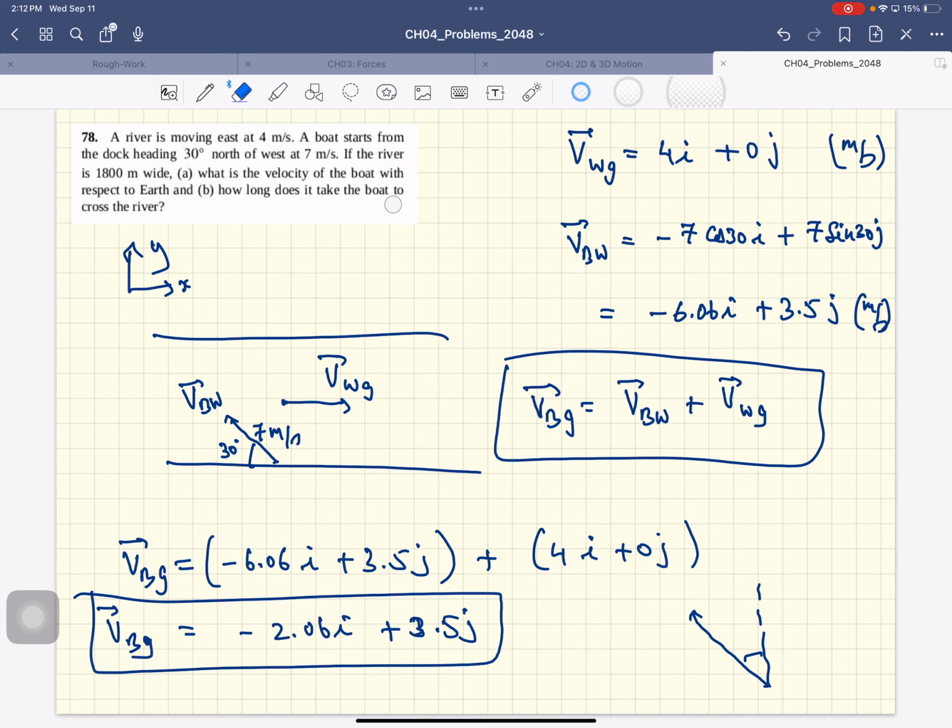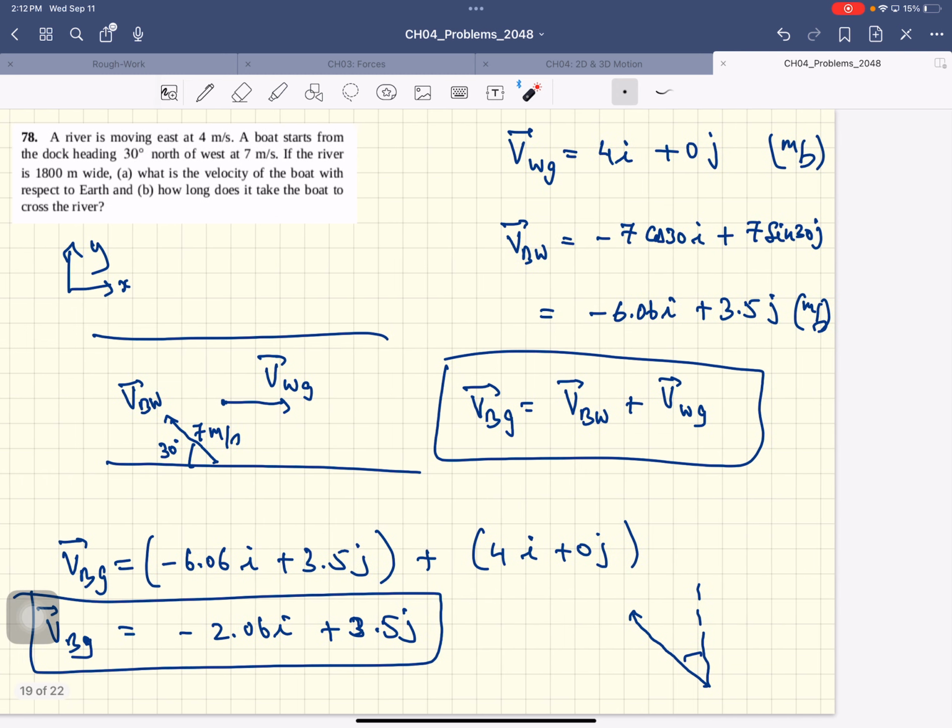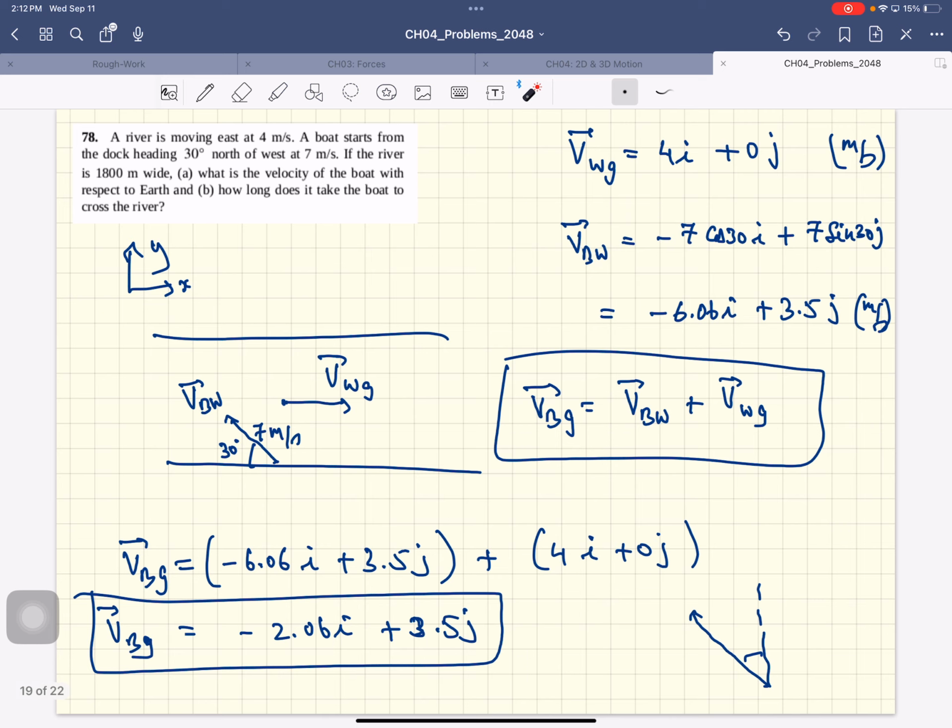How long does it take the boat to cross the river? To cross the river, you have to cover this distance along the y-axis, so all we'll do is look at the y motion. The river is 1,800 meters wide.